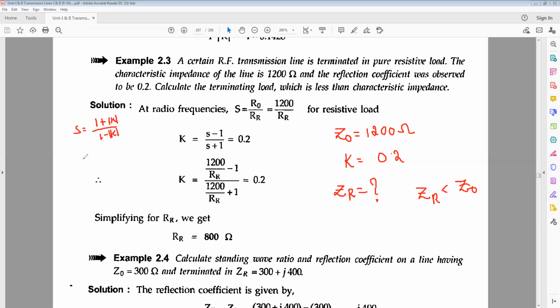Now the relation between these two, so S by 1 is there. You can apply componendo and dividendo: S minus 1 by S plus 1.